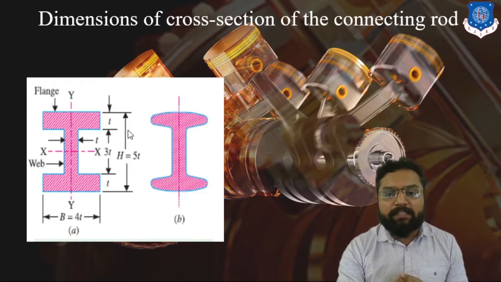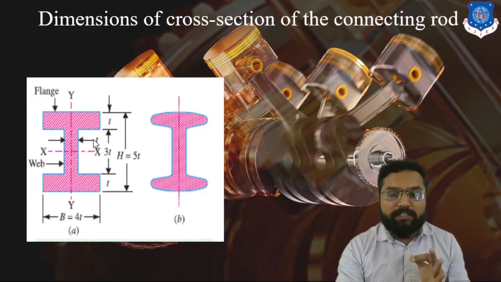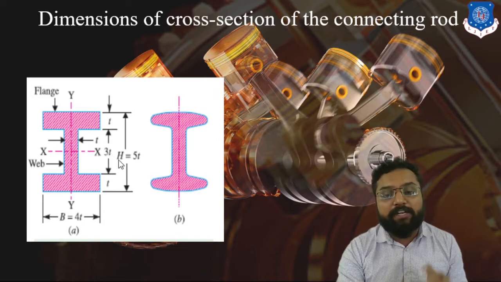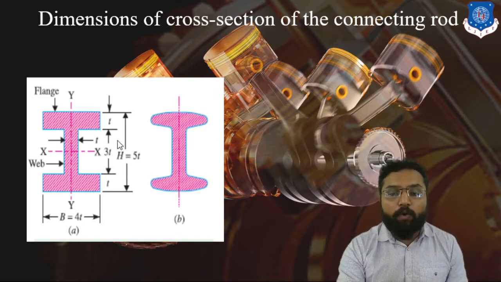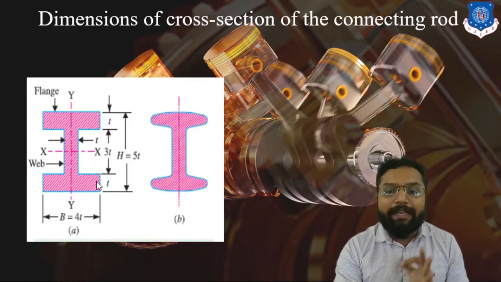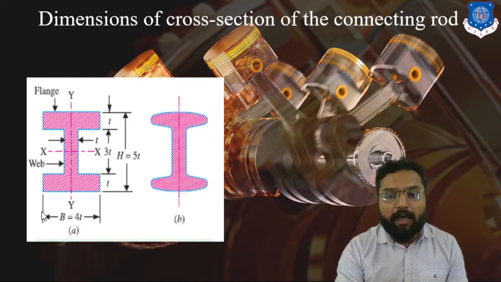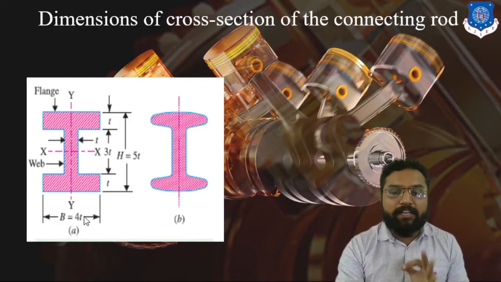All the dimensions are in terms of t. The overall height is 5t, the height of the web is 3t, and the thickness of web and flange is only t. The base of the I section is 4t.